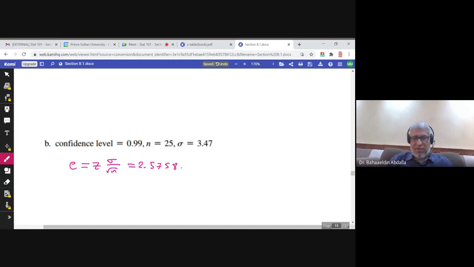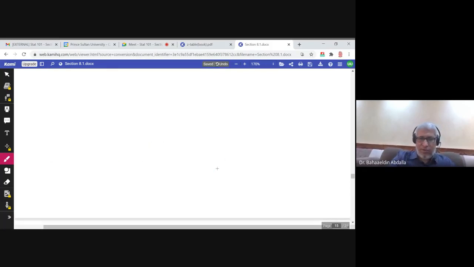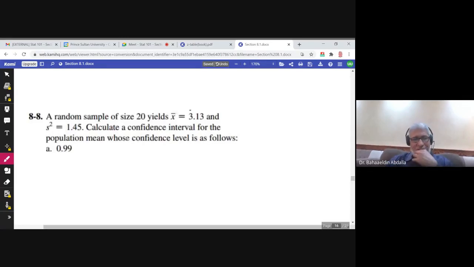This is the z value times sigma over square root of 25, and you will have the margin of error.